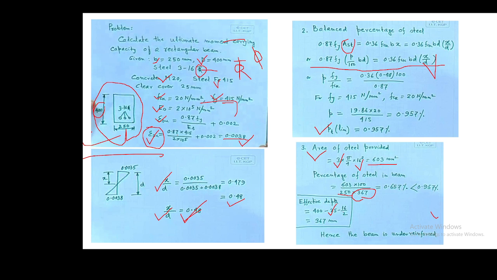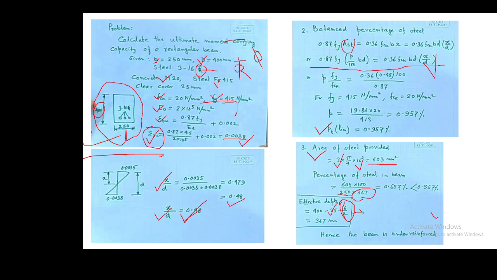What is this? Can anybody tell? 16 by 2. And why are we taking it like that? Half of the dia of steel. Yeah, half of the dia.